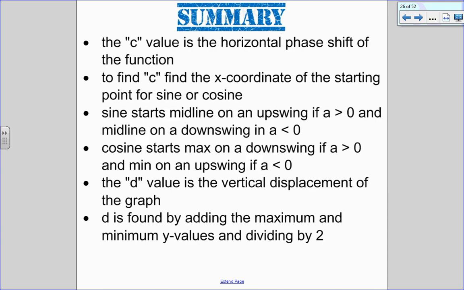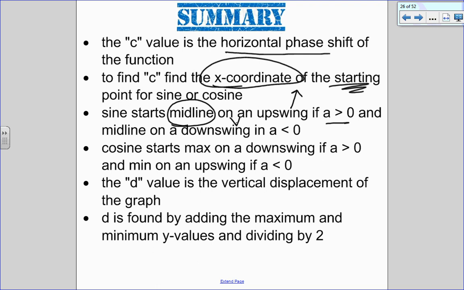Okay, so let's summarize this all together. The C value is called horizontal phase shift. To find the C value, you want to look at the x coordinate of the starting point. So remember, sine starts on the midline. If it's midline on an upswing, A is positive. If it's midline on a downswing, A is negative.